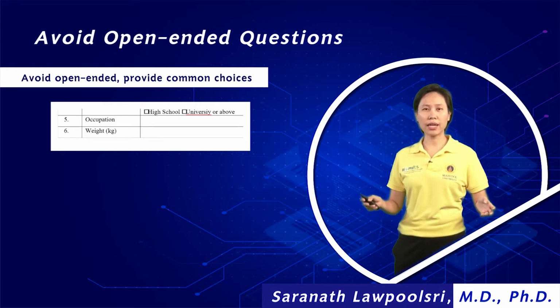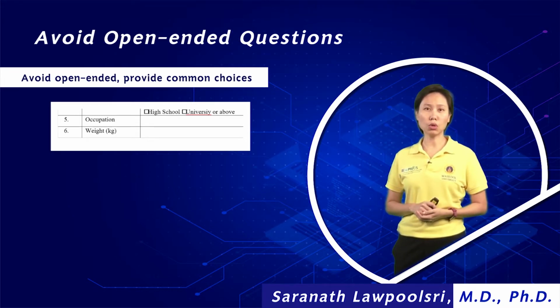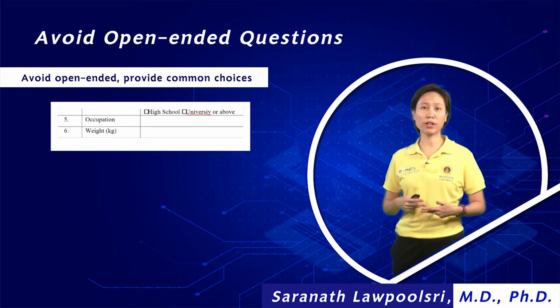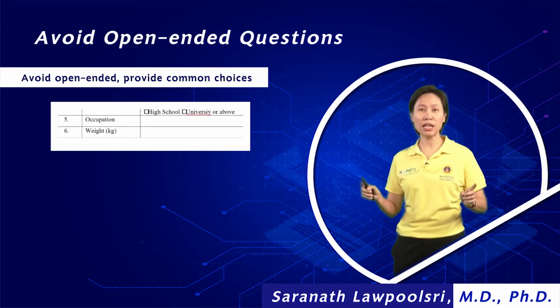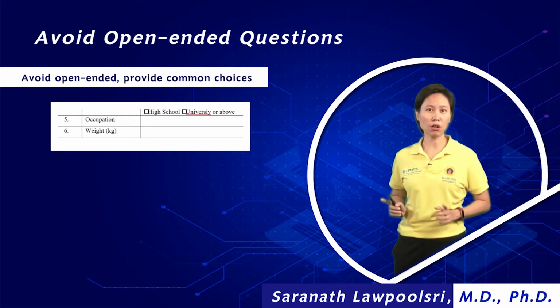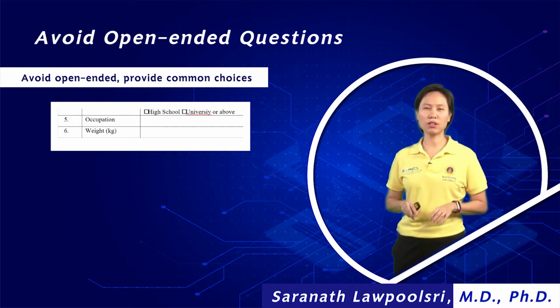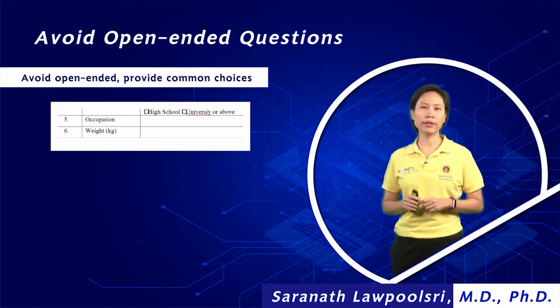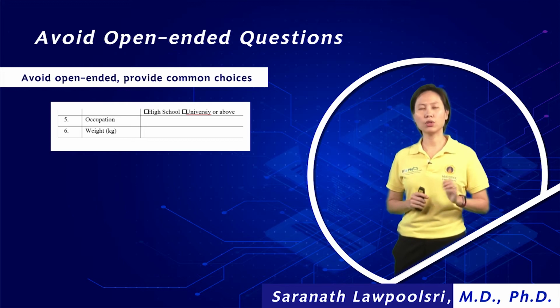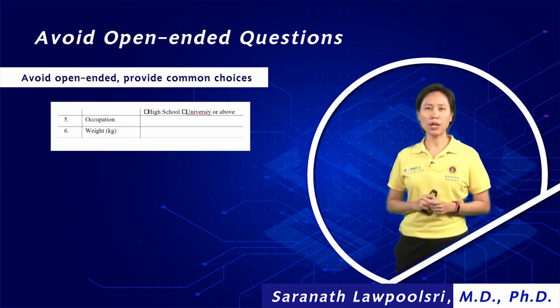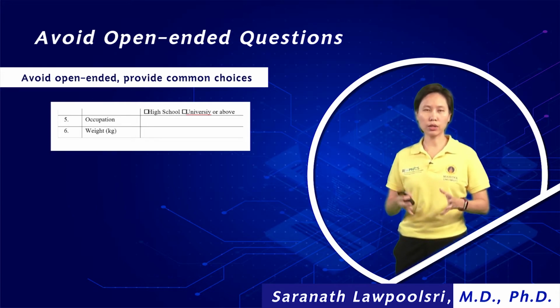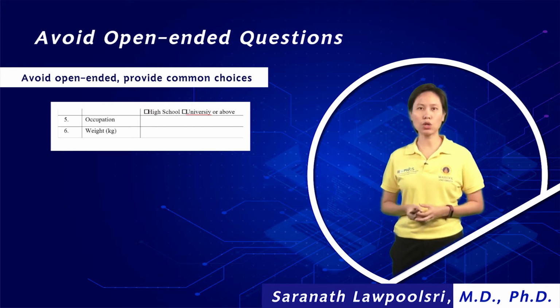And when you enter the data, the computer doesn't know that it's the same thing, right? It will recognize that if spelled differently, it's going to be a different category. So when you enter the data, it's also very difficult. You have to type it in. But if you provide checkboxes and put the codes, then when you enter the data it will be much easier, and you can group it based on your objectives.